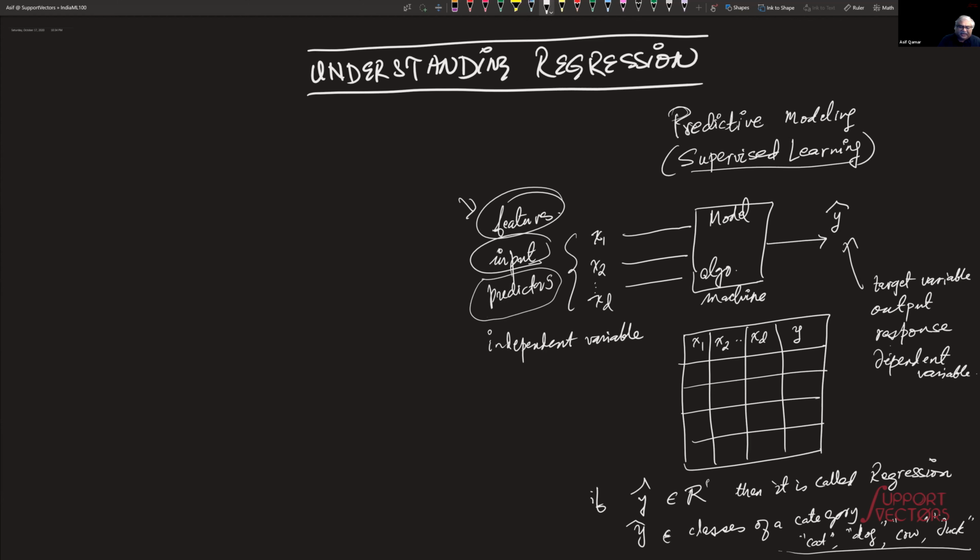You will rarely see me use words like regressors. They're all synonyms, but I like to use simple words. So we'll just say input and output, or features, or input and response. Sometimes I use the word target variable. You'll rarely see me use the word dependent variable.